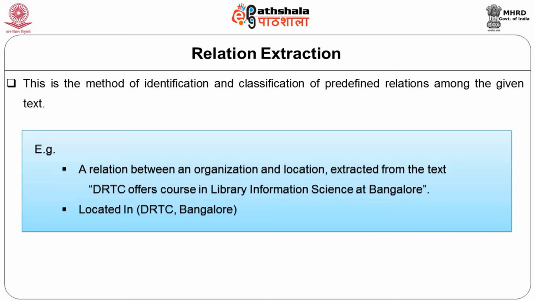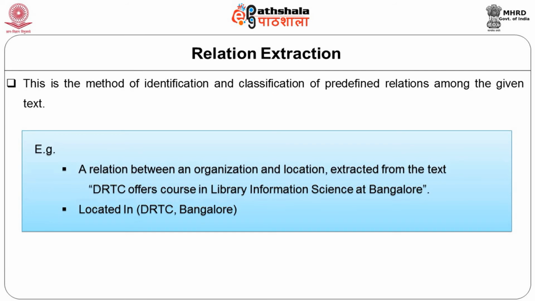If there is an expression already embedded, as shown here in this slide, located in DRTC Bangalore, you can see the syntax used, and what it means is that there exists a relation between an organization and a location. The organization in this example is DRTC and the location is Bangalore. So it is already represented.